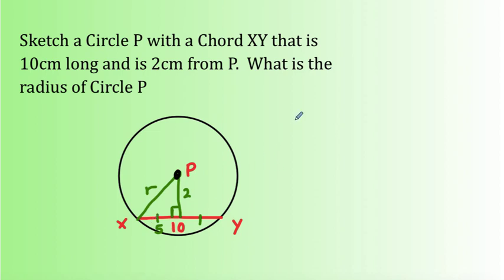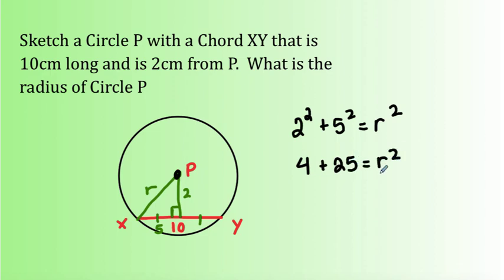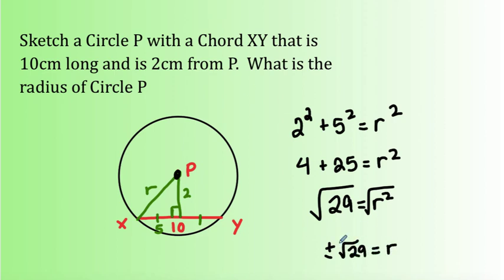So again, Pythagoras can help. 2 squared plus 5 squared equals r squared. So we get 4 plus 25 equals r squared. 29 equals r squared. I take that square root again, remembering there's a plus or minus answer. So plus or minus root 29, but because it's a length, I only have to look at the positive.